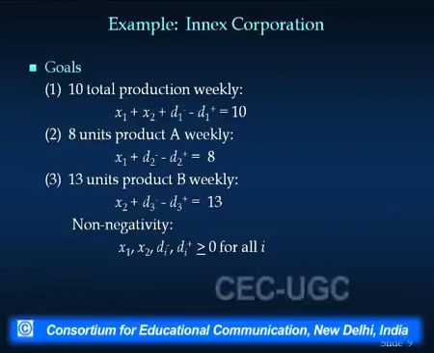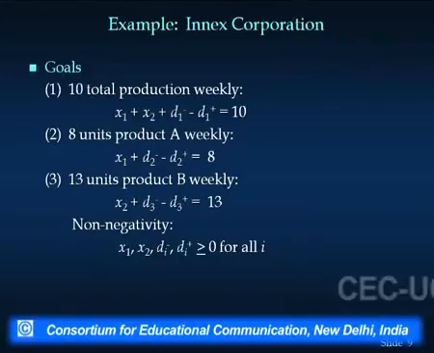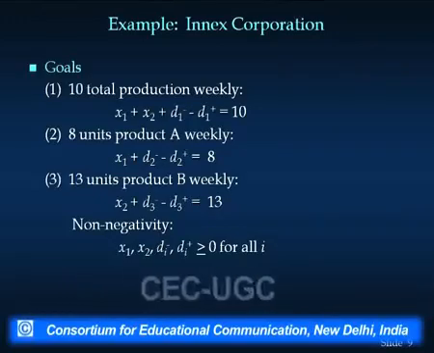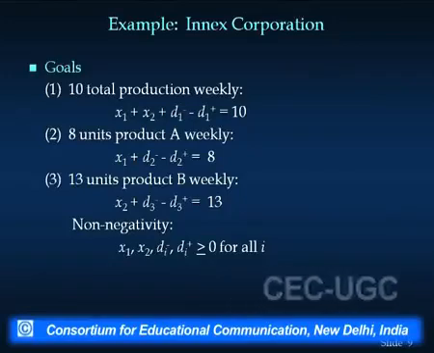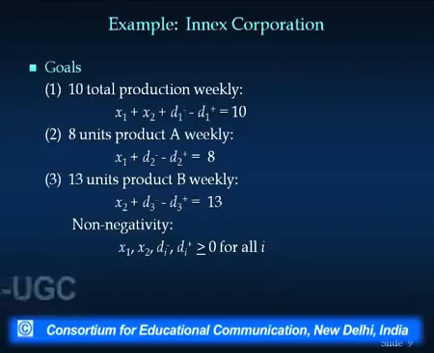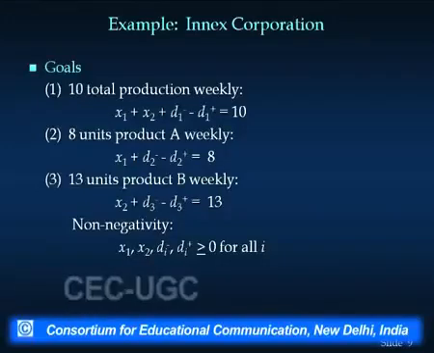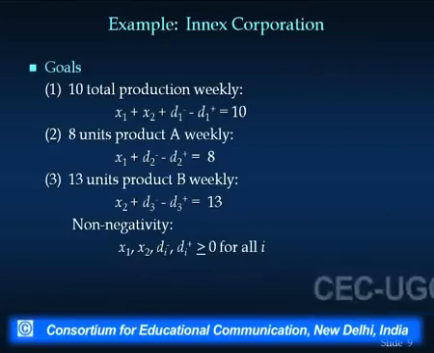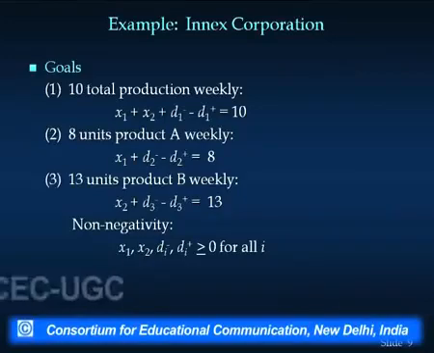Now the third priority, which is a goal for product B, and the figure is 13. So x2 plus d3 minus minus d3 plus is equal to 13, and these three equations take care of the three goals of different priorities.